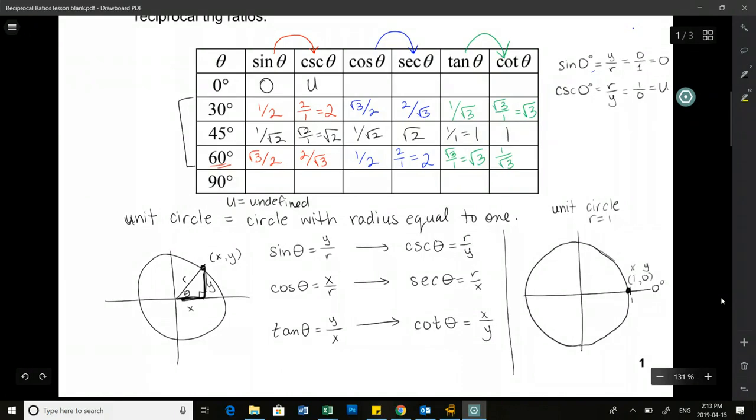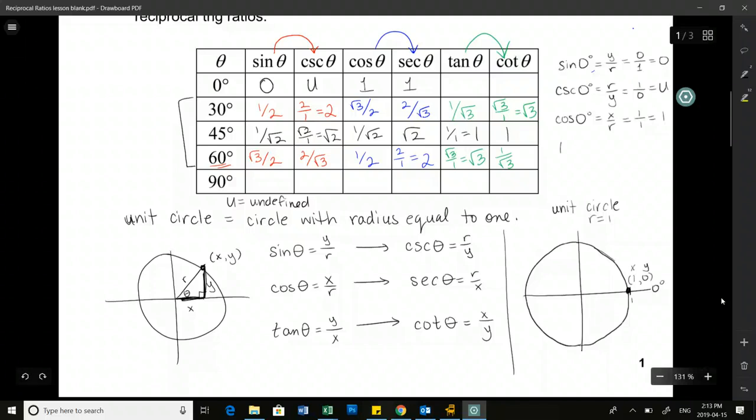Okay, cos of 0. That's x over r. What is x at this point? 1. And radius is 1. So cos of 0 is equal to 1. Okay, and then I think we can do secant ourselves. If we're doing the reciprocal of 1, then if cos is equal to 1, secant must also be equal to 1.